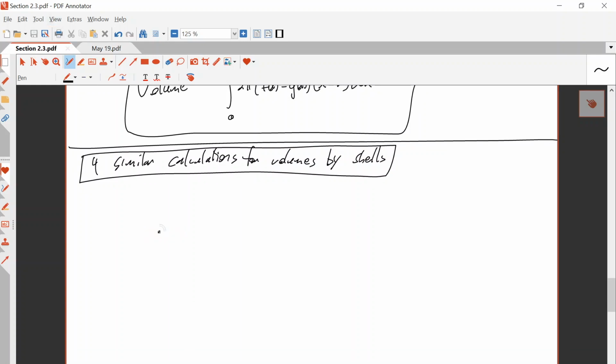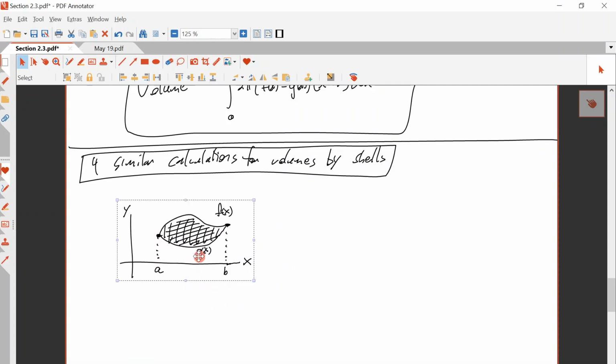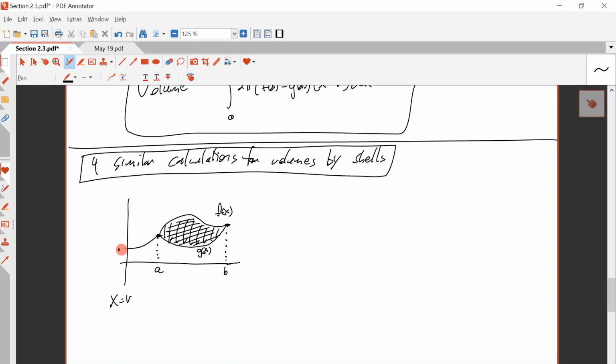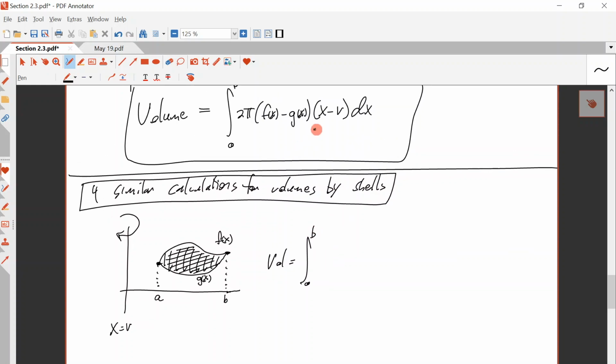All right, so the first one is you have your region, f above and g below. Shouldn't have erased that one. And x equal to v is here. And then you're going to rotate this around x equal to v. So the volume is the integral from a to b, the one we just did, 2 pi times the height.